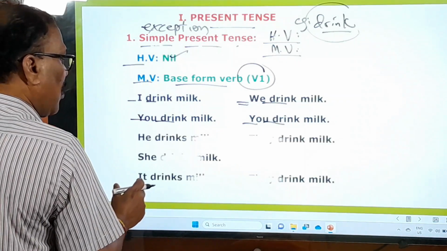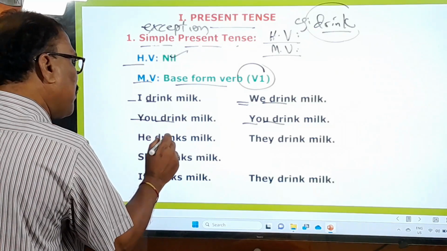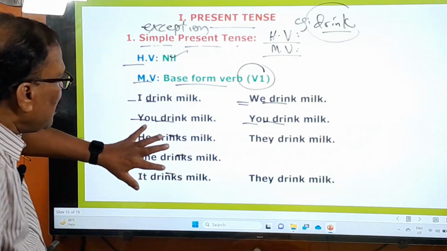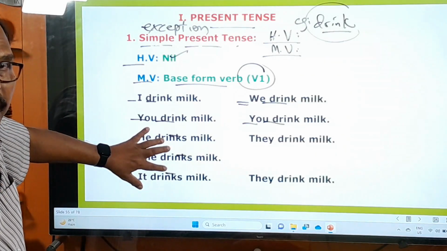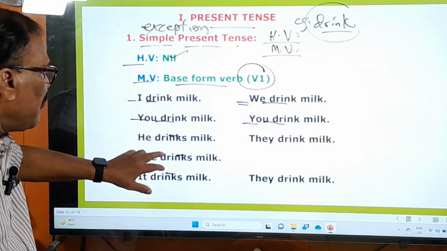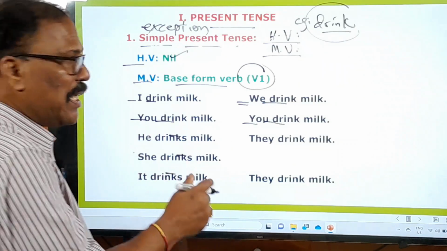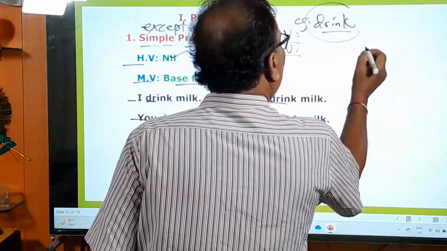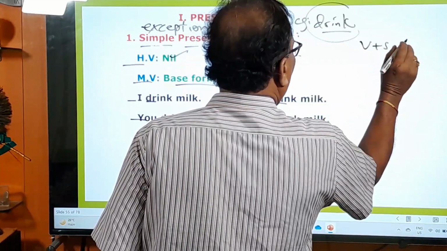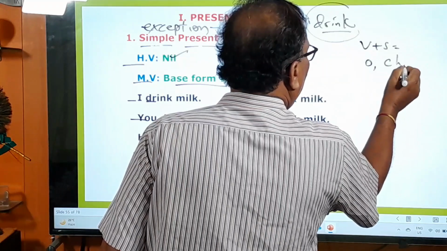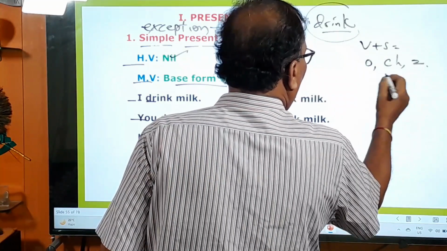And let us see the third person singular. He drinks milk, she drinks milk, it drinks milk. See, some change is there in the third person singular. What is the change? This verb is taking s after it. Okay, that is the only change. Not always s, but sometimes what happens, with all verbs, s is common, but with verbs ending with o, ch, z, we use es.